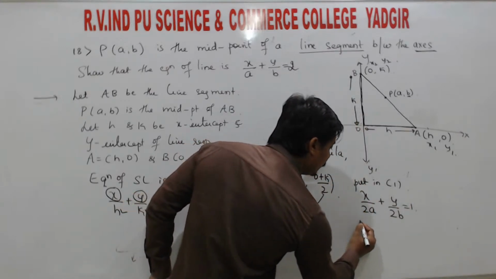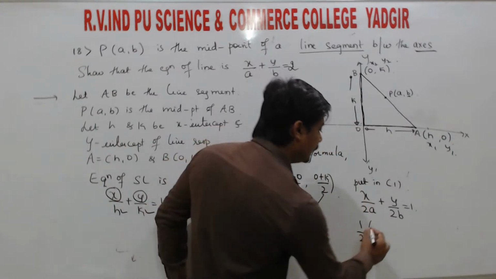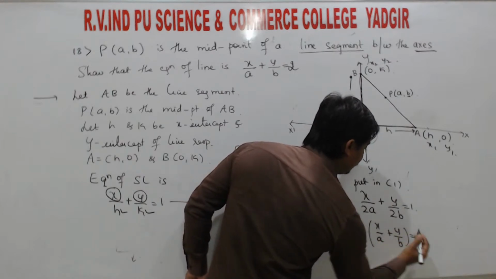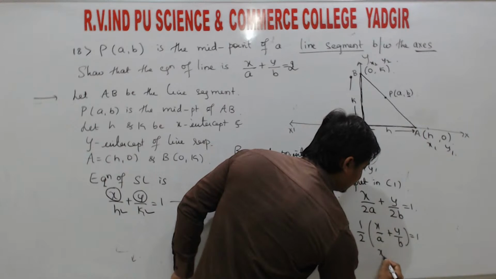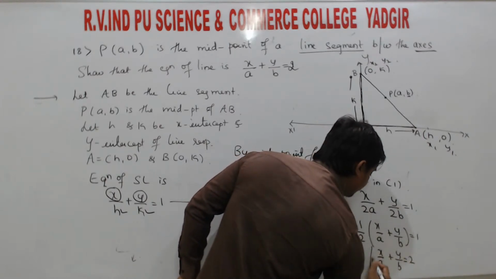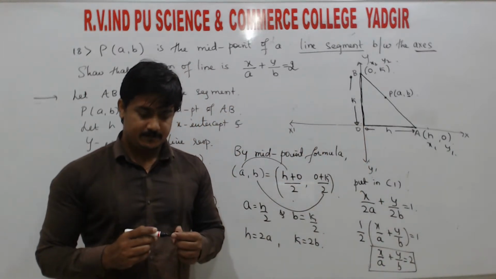So if I take 2 as common in the denominator, x by a plus y by b equals 1, shift the 2 to the right side. So it is x by a plus y by b equals 2. This is what I wanted to show at the end. Okay.